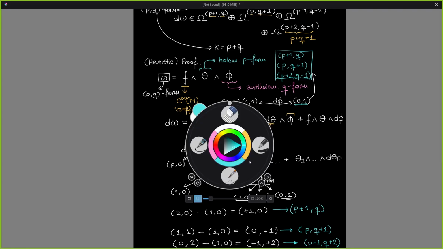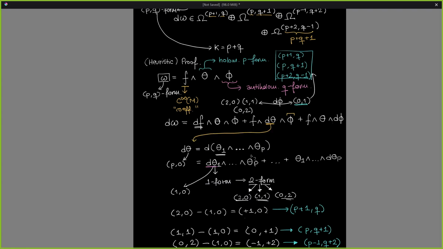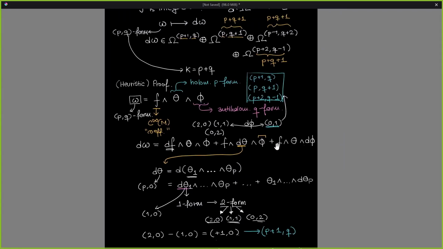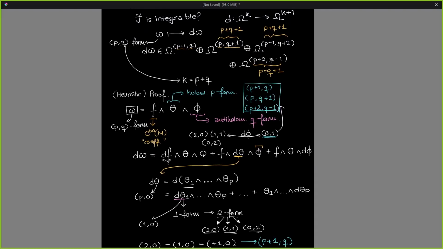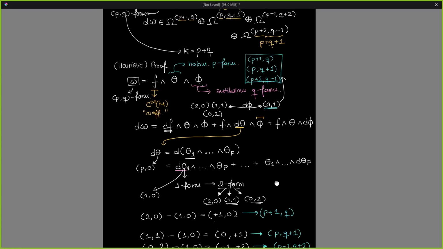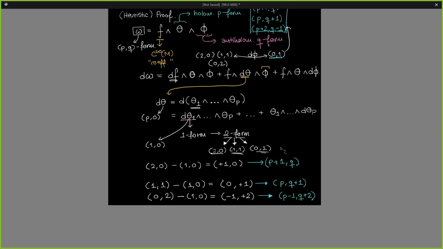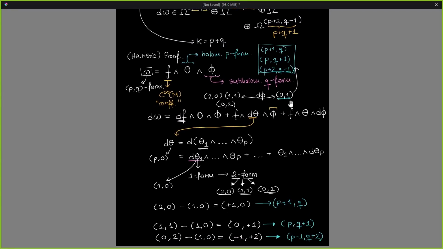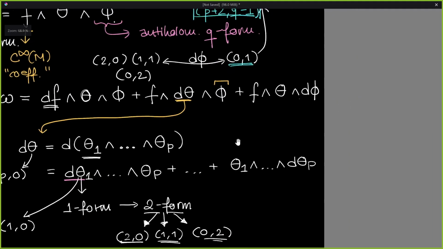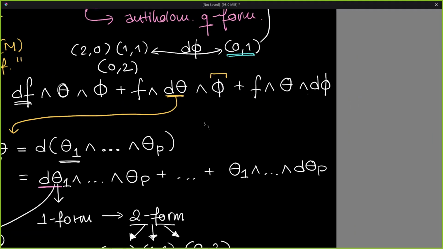And so let me give a brief justification for why, and this will happen for all of these, right? This will give us an extra form, and because each of them has one exterior derivative, these will all give us a similar addition of grades. It's fundamentally because of this: a 1 form is going to a 2 form, right?